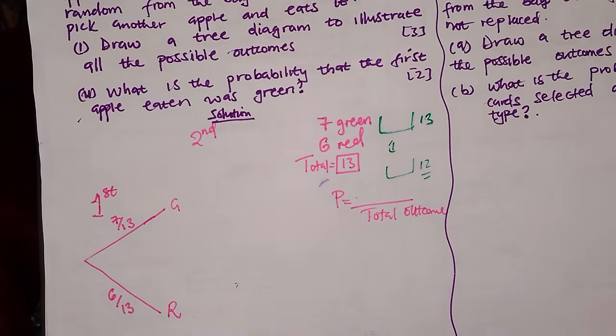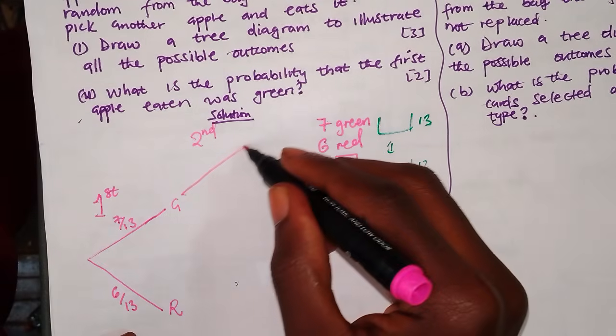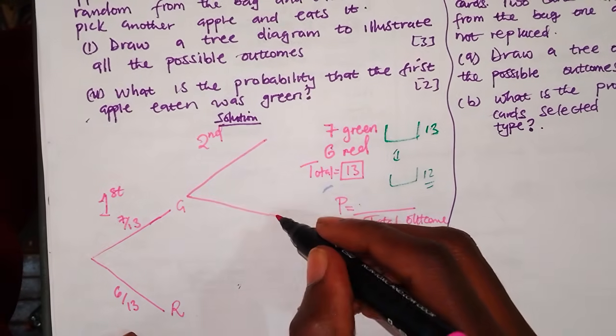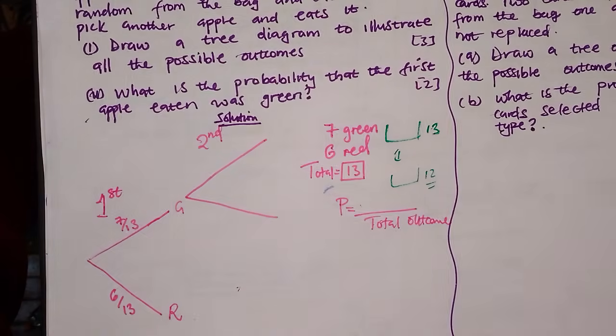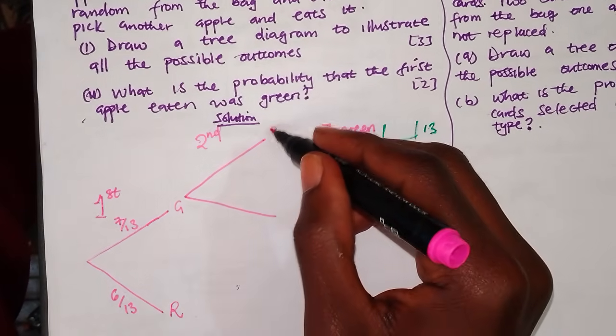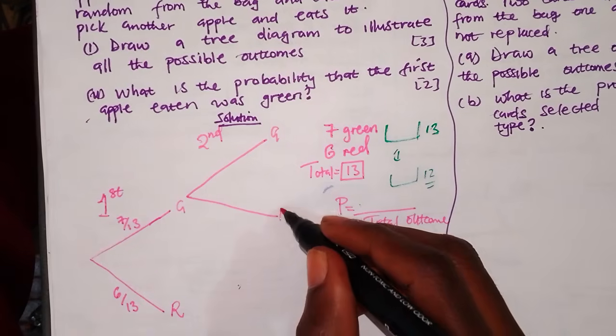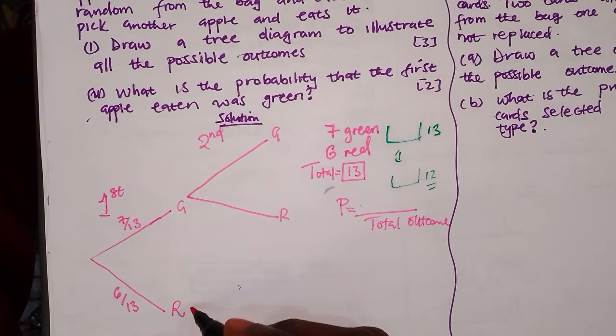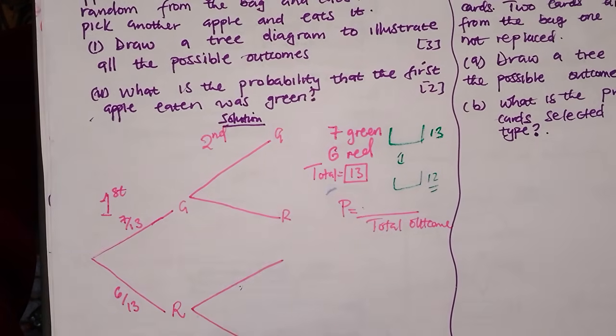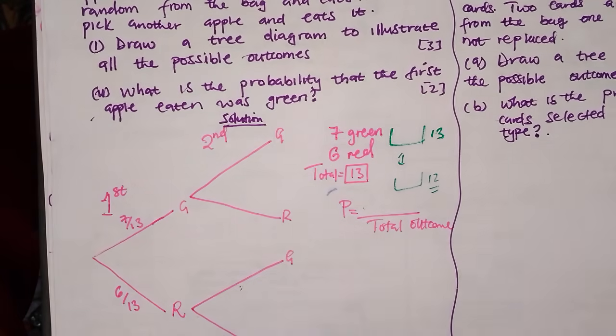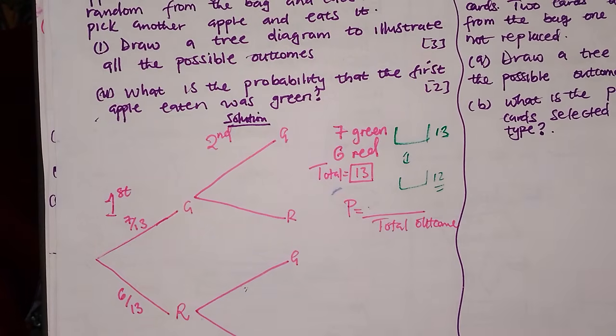So if she ate a green apple first, in the second one she can pick a green again or a red. Again, if she ate a red apple, she can do the same. Pick a green or red apple.